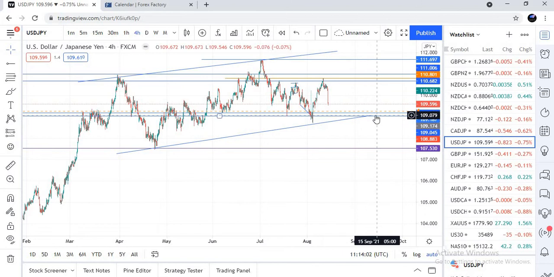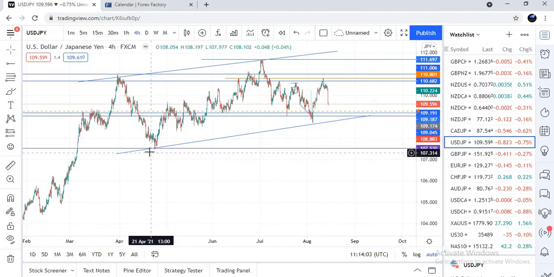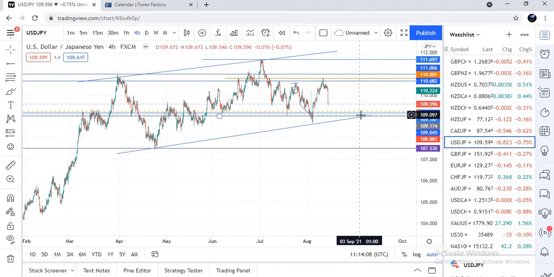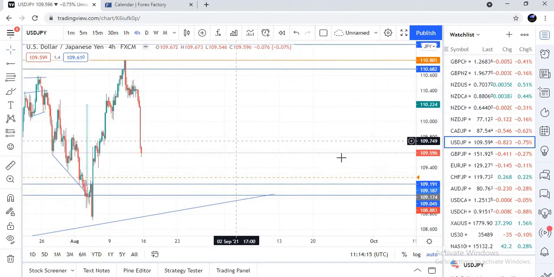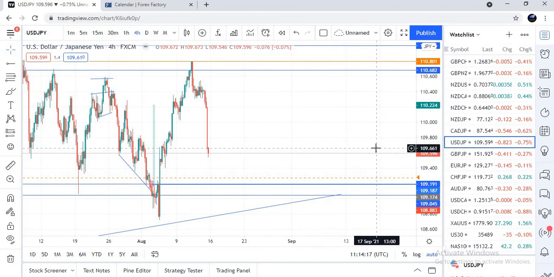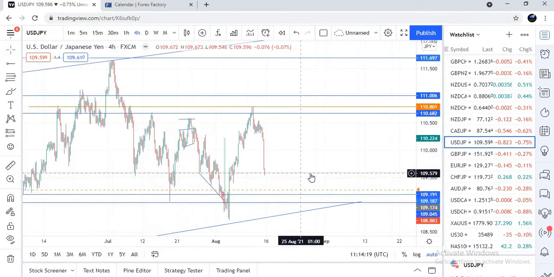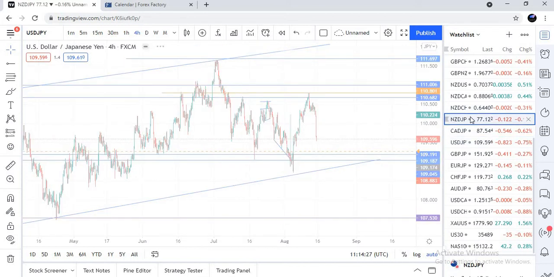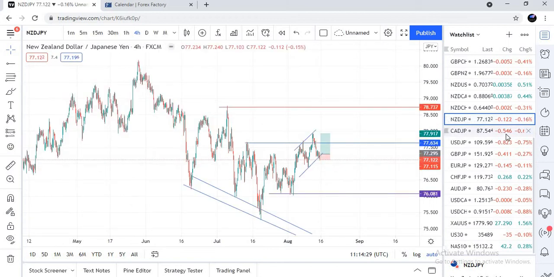Just in case you don't know, it's also moving in this trend channel pattern, so this level might be a really sure level to trade USDJPY for this week. So we're just going to be setting an alert for this level. We aren't really going to be watching the charts. We're just going to wait for our alerts to get triggered, and TradingView is going to be alerting us for this week.